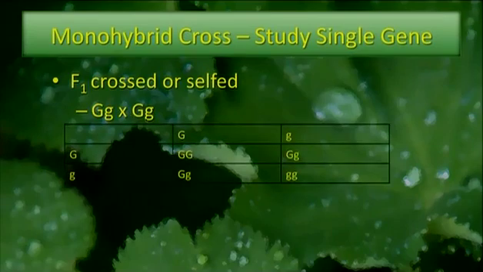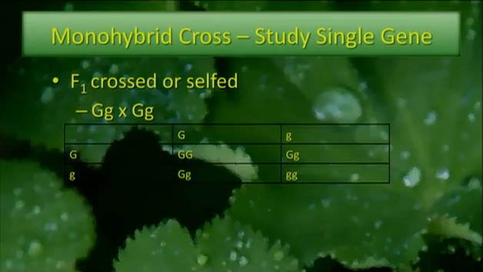So here's the Punnett square. Big G, little g for one parent, big G, little g for the other parent. You bring big G down, big G over for big G, big G. Big G down, little g over for big G, little g. Big G over, little g down for big G, little g. And then little g down and little g over for little g, little g.